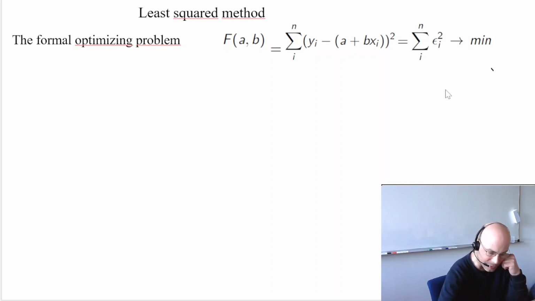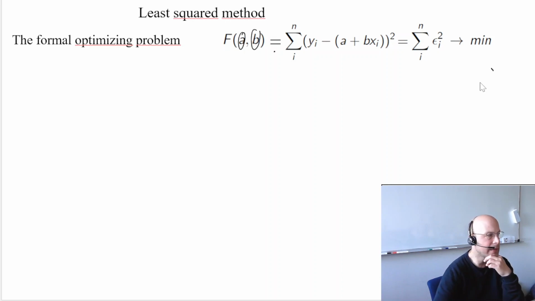Because we now have here a function with two variables. And I told you, if you want to optimize this, we just take the first derivative and then we set this first derivative to 0.